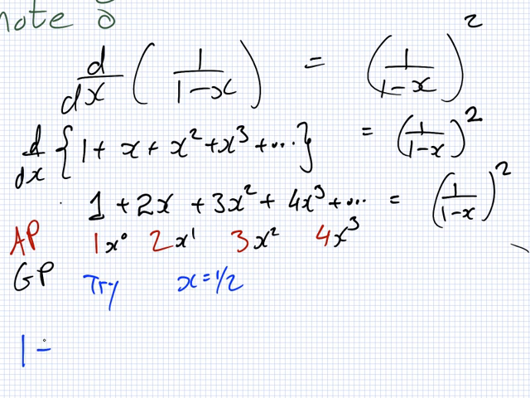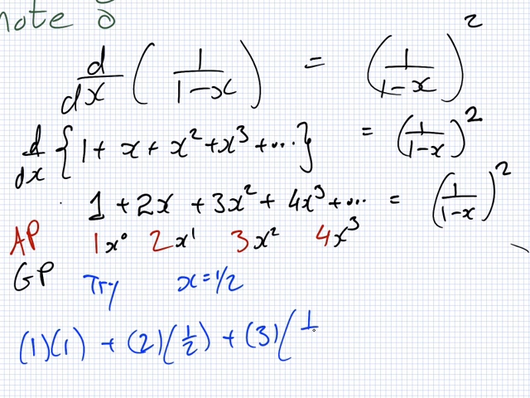You get 1 times 1, plus 2 times a half, plus 3 times a quarter, plus 4 times an eighth, etc. That should equal 1 over (1 minus a half). 1 minus a half is a half, 1 over a half is 2, squared is 4.